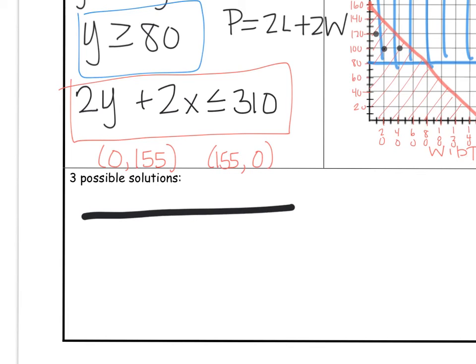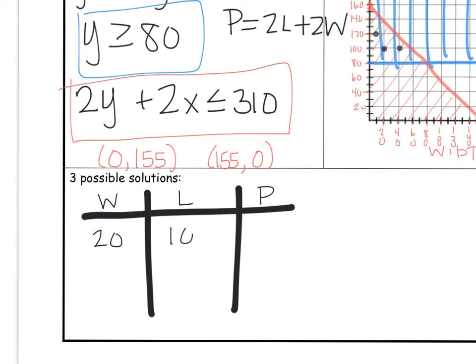So I'm going to make up a little table right here. And for my table, I'm going to have my width, my length, and then my perimeter. So one point that I picked was 20 and 100, and so my perimeter has to be less than or equal to 310, and my length has to be greater than or equal to 80, which this one is.